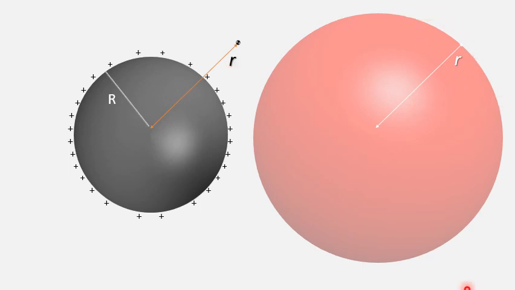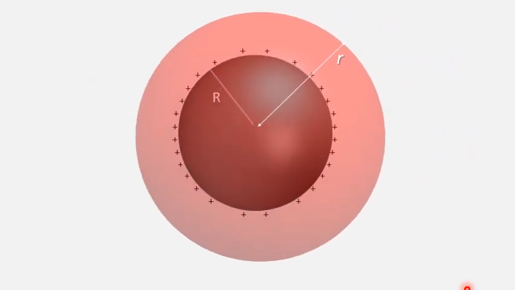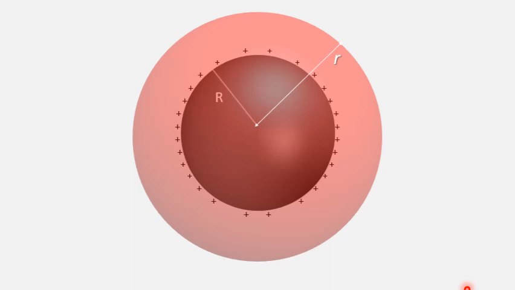In such a way that the center of the Gaussian surface coincides with the center of the shell. So this is the situation. We will find out the electric field at this point using Gauss's law. So let us try to understand the derivation part.